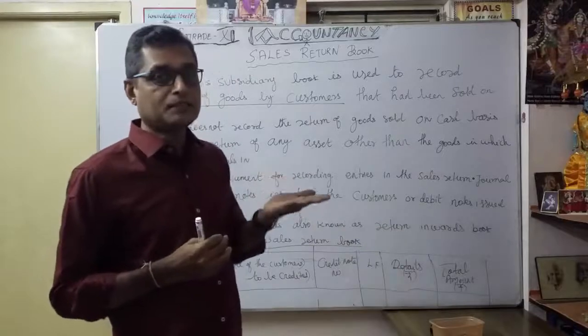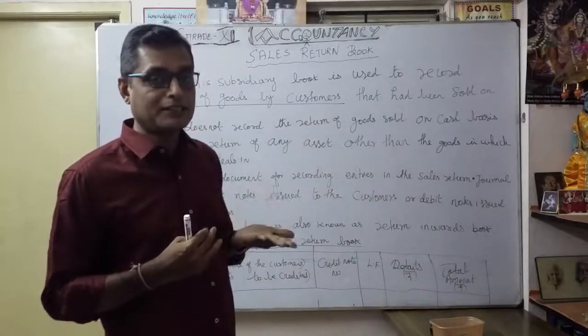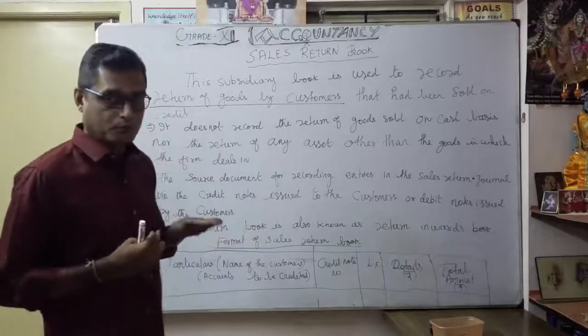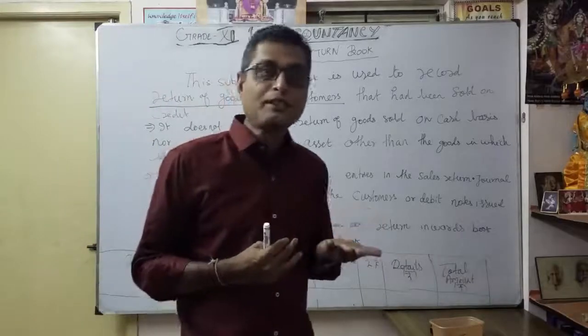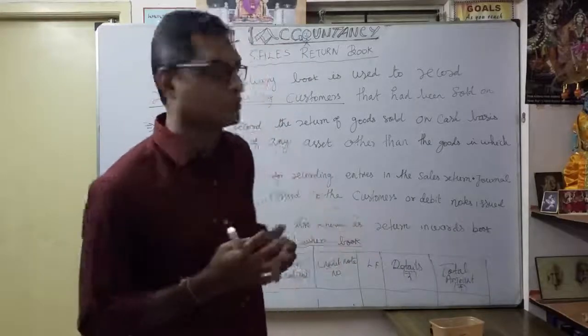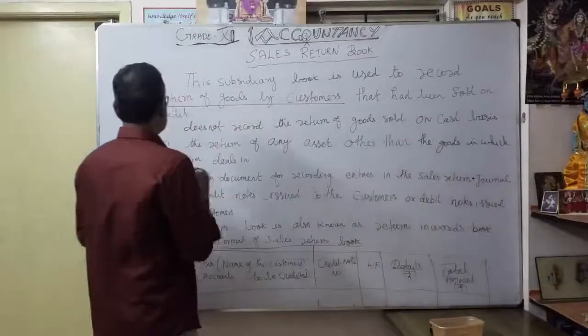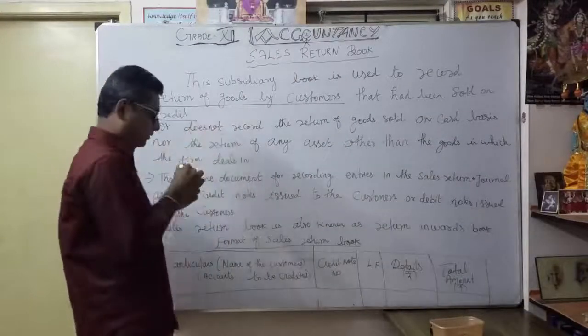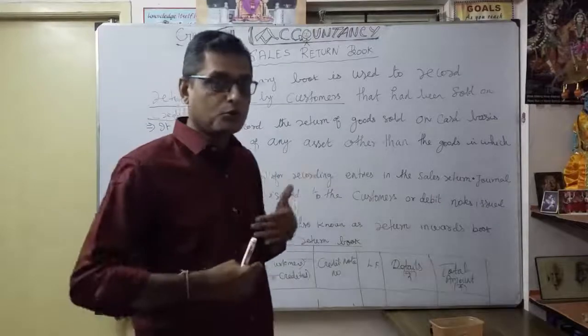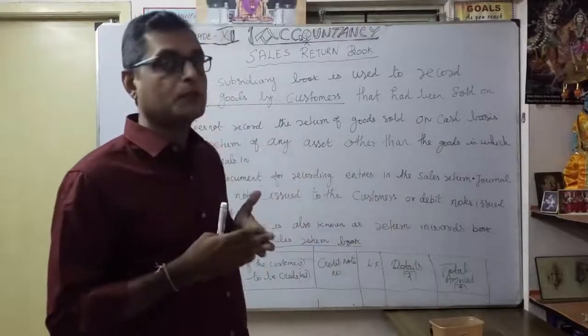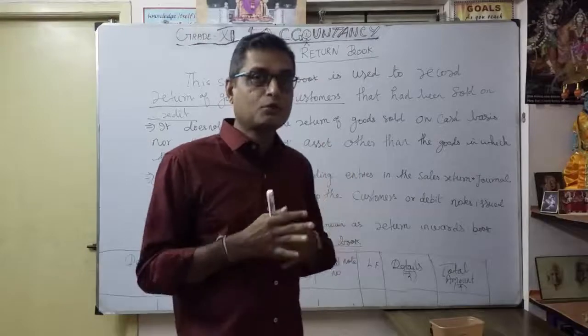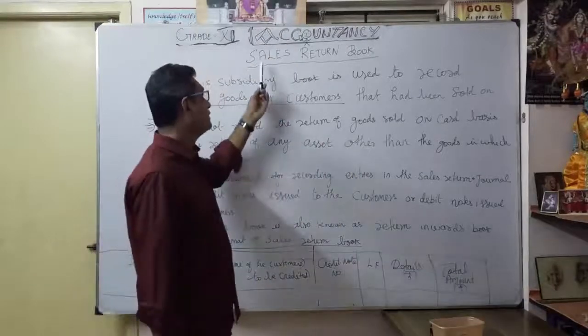Later on, the customer can return them to us, maybe due to defect in quality or damage to the goods. Understood? That had been sold on credit. That's why it is very important: only goods sold on credit and returned to us are recorded in the sales return book.